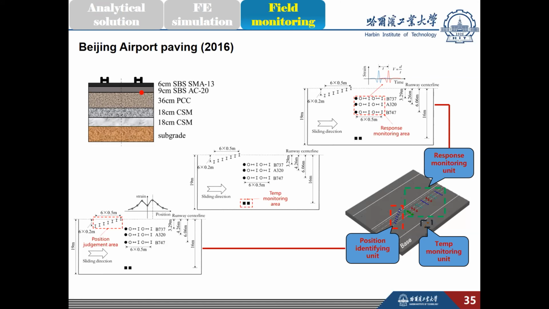All these sensors are installed at the bottom of the lower asphalt layer. The pavement structure in Beijing Airport is 2 asphalt layers, and the bottom is concrete.